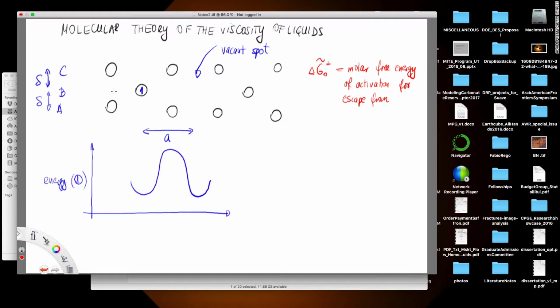I'm calling this a cage in a stationary fluid. Molar means that it's per mole.